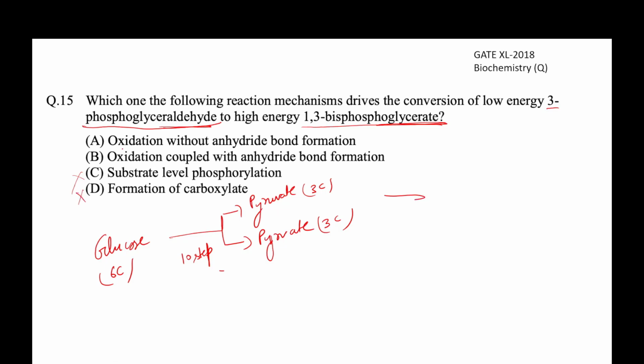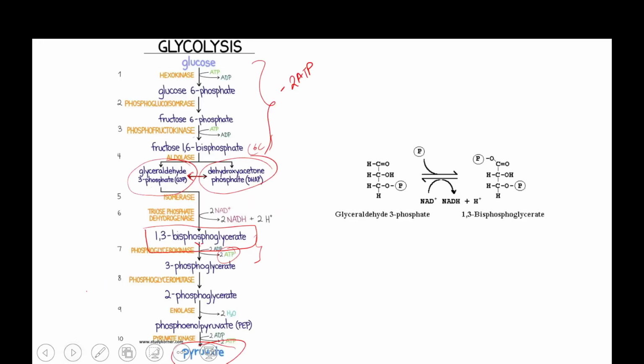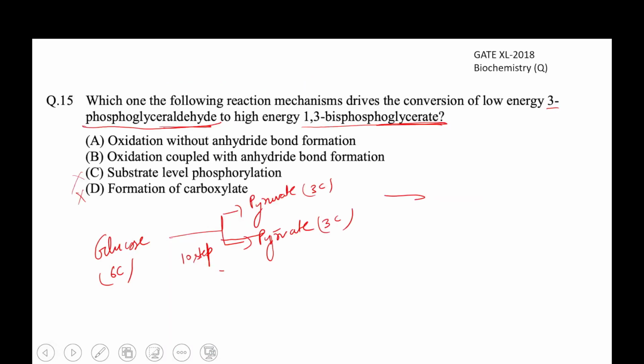So oxidation is happening. Now it has been asked: oxidation without anhydride bond formation or oxidation coupled with anhydride bond formation. So now we need to know what actually an anhydride bond is. We have the anhydride bond, which is generally present in the ATP structure.